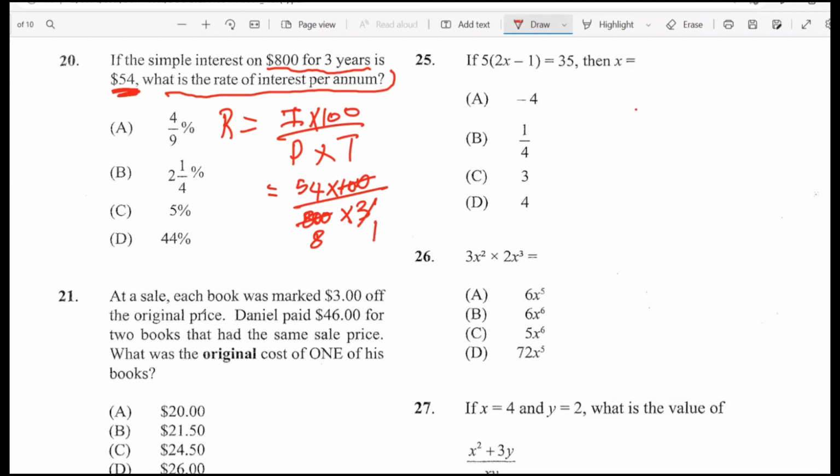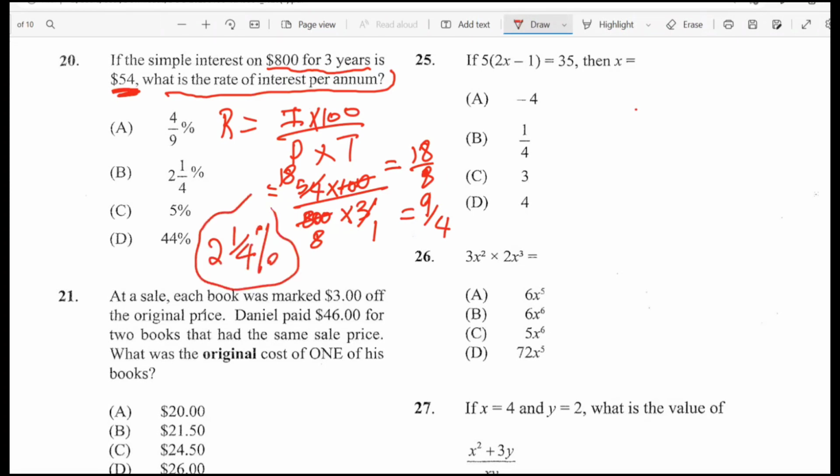So 3 into itself 1, we get 18. So we're looking at 18 over 8. And if you break that down, you'll end up with 9 over 4. So 9 over 4 is actually 2 and 1/4 as a percentage. So that's 2 1/4, and you're seeing it right here. So you're breaking it down, utilizing the formula, and you take it down to that.